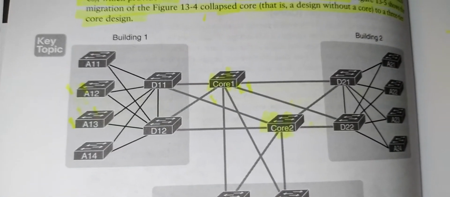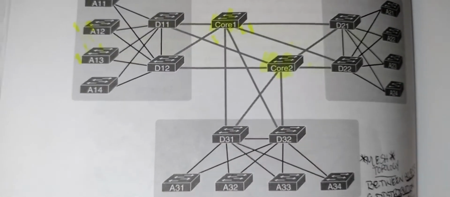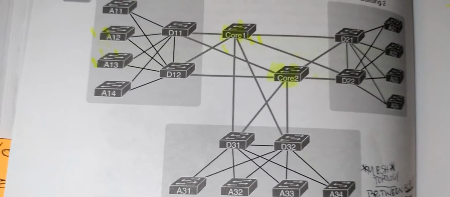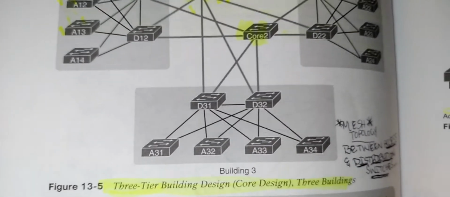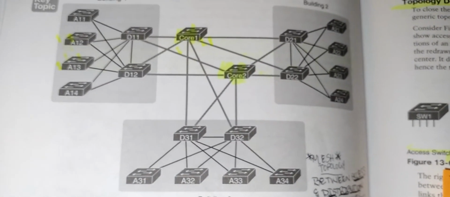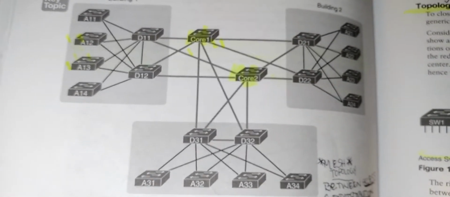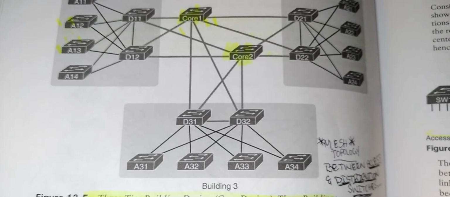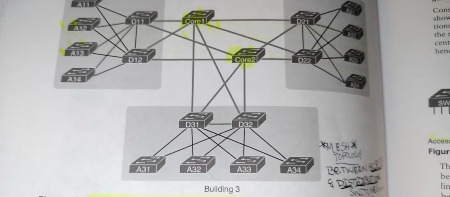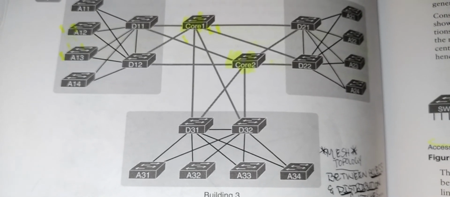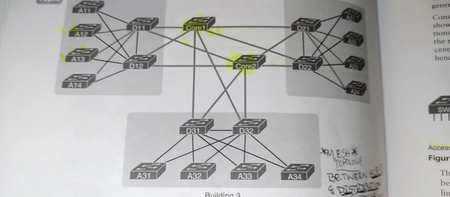Cisco for many years had made use of their 3-tier architecture. Their 3-tier architecture breaks down into the access, the distribution, also known as the building distribution, and the core layer.